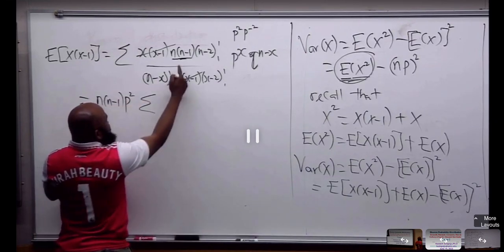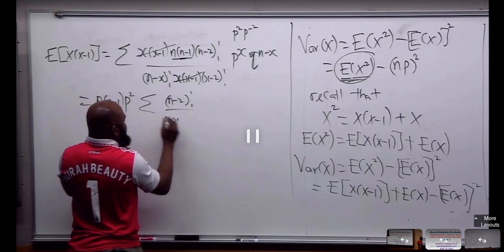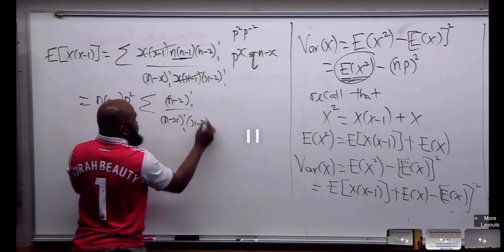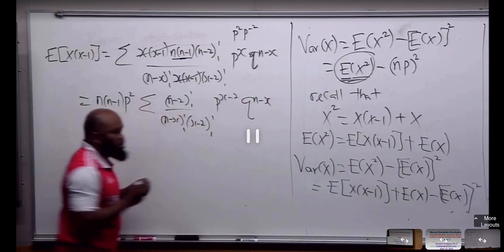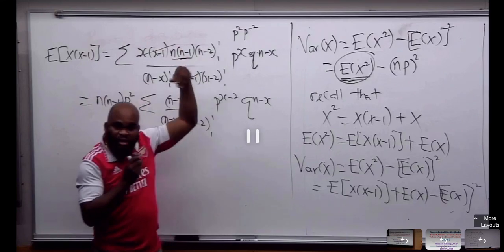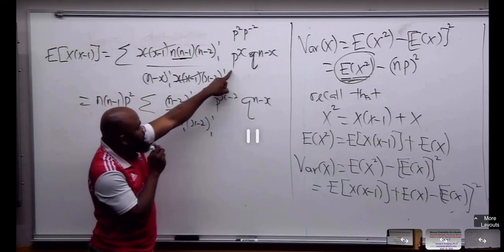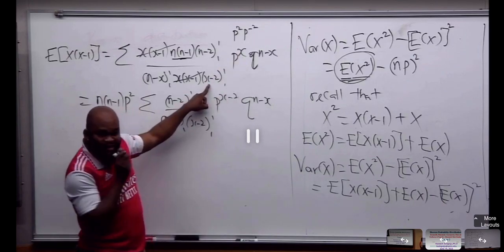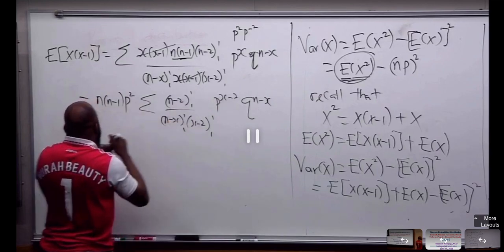So here now, summation, I'm going to be left with this. Any question? I introduce this and this. They can cancel out. Because if I don't do that, this is just going to carry X. And don't forget, what do you have here? X minus 2. Okay, now we are back.